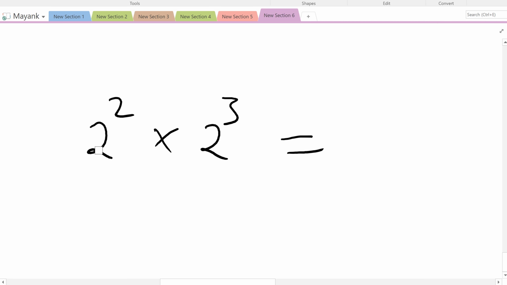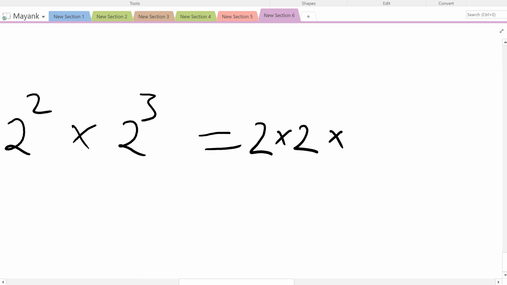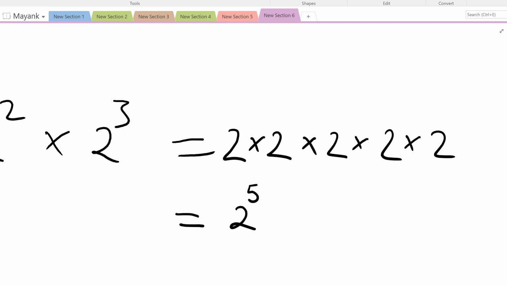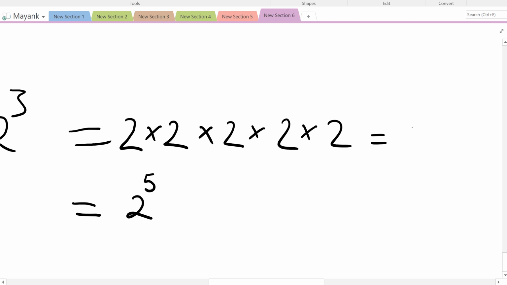So you multiply 2 times 2, and there is a multiplication sign, and you multiply 2 three times. How many numbers are there? 5 numbers. So we got 2 raised to 5. You can also write the simplification: 2 times 2 is 4, 4 times 2 is 8, 8 times 2 is 16, times 2 is 32. So it equals 32.